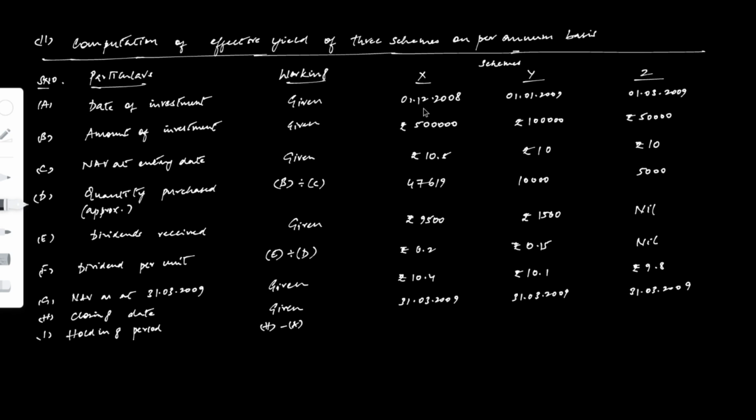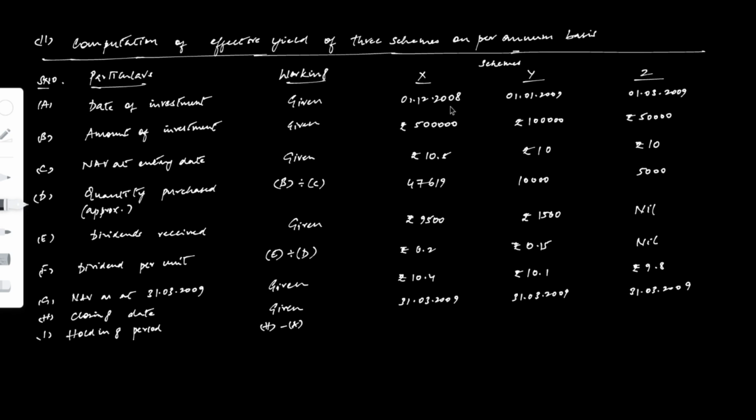Should we exclude 1/12/2008, the date of investment, or include it? We have to include the date of investment while calculating the period held, and also the closing date. Because I purchased on this date, I'll have the unit on this date, and I'm also valuing at this date, so even this date needs to be considered.